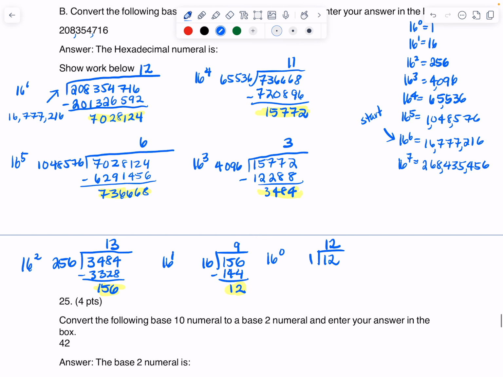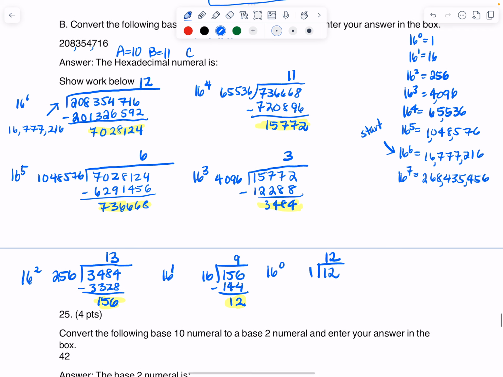Now, before I write my answer, remember we're in hexadecimal, so A equals 10, B equals 11, C equals 12, D equals 13, E equals 14, and F equals 15. So this first value is a 12, so that I have to let equal C. So my answer is going to be C, and then 6, and then 11.